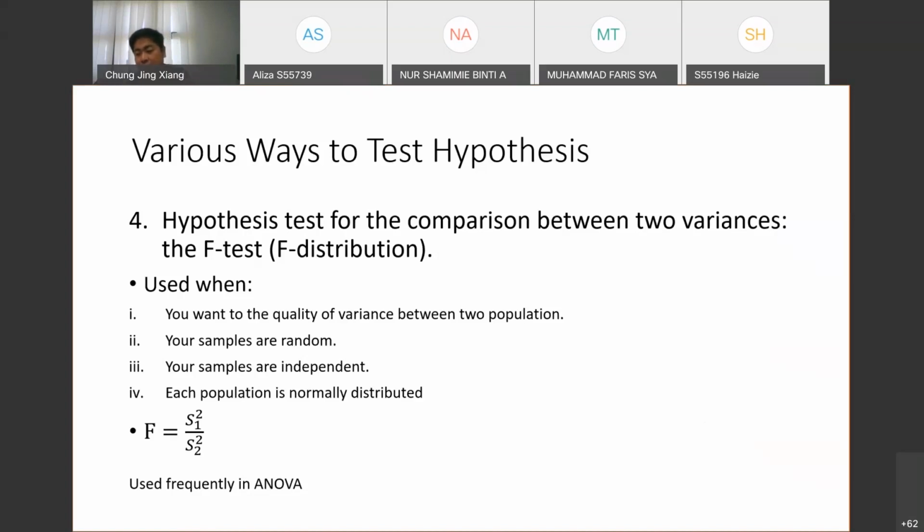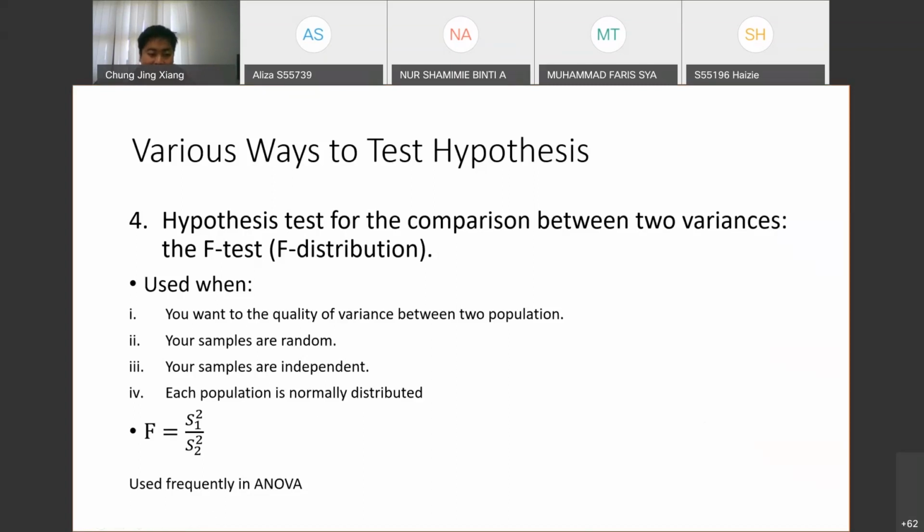You use it when you want to assess the equality of variance between two populations. The samples have to be random and independent, and the populations have to be normally distributed. F is equal to the variance of sample 1 divided by the variance of sample 2.